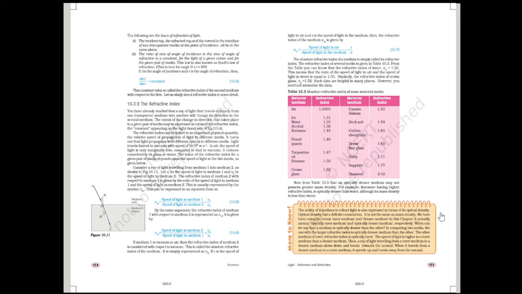The second law: the ratio of the sine of the angle of incidence to the sine of the angle of refraction is constant for light of a given color and for the given pair of media. This law is also known as Snell's law of refraction. Now, what is refractive index?